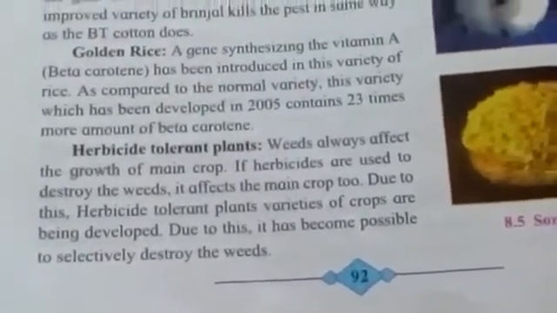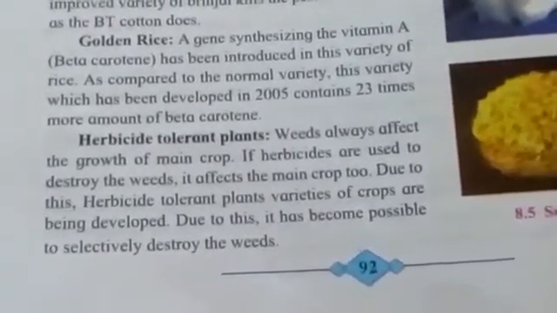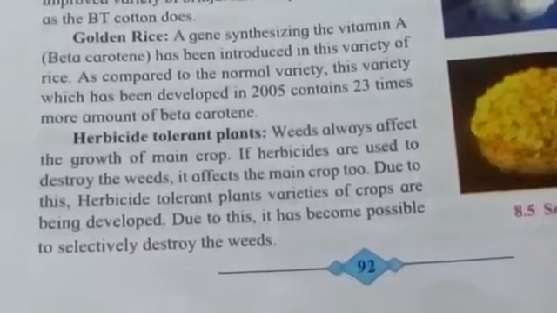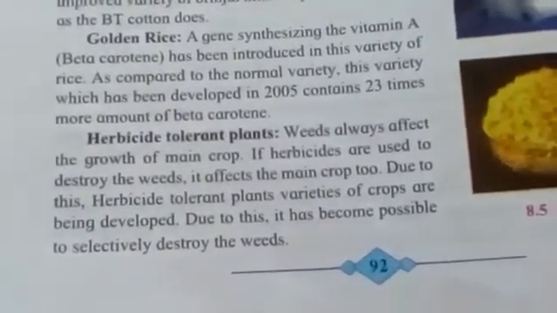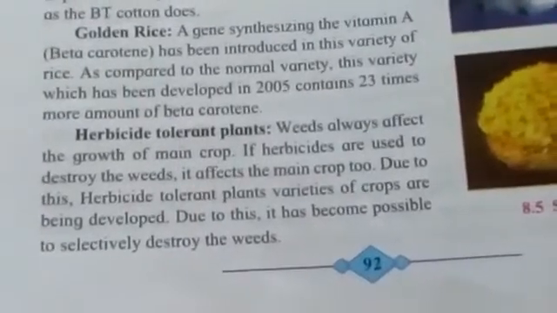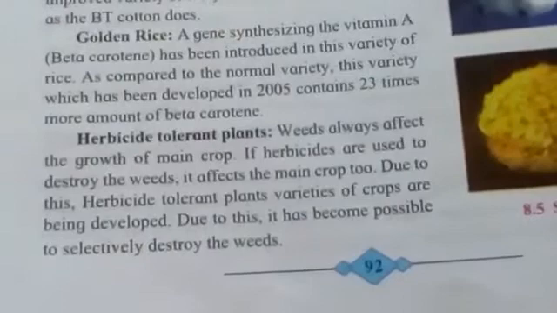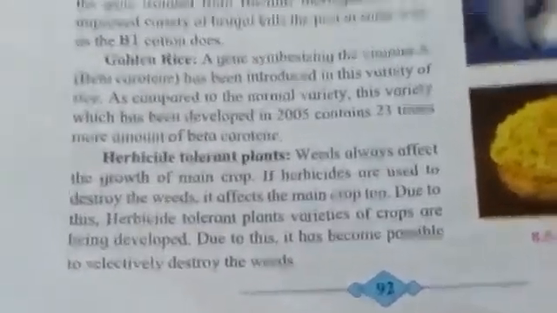So some herbicide tolerant plants have been introduced, and it has become possible to destroy the weeds specifically, and the main crop will not suffer if herbicide tolerant plants are planted. And this is how we can have a higher yield of the main crop itself.